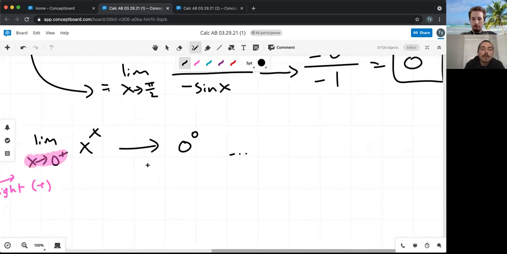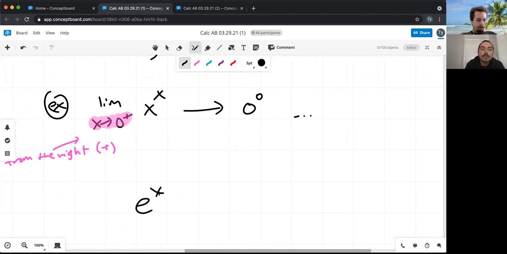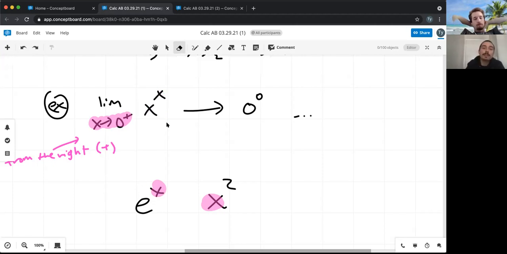What do those have in common? Well, in e to the x and x squared, the x is only in one place. It's either in the base, like in a polynomial, or it's in the power in an exponential. Here, we have it in both places. That is not fun, okay?